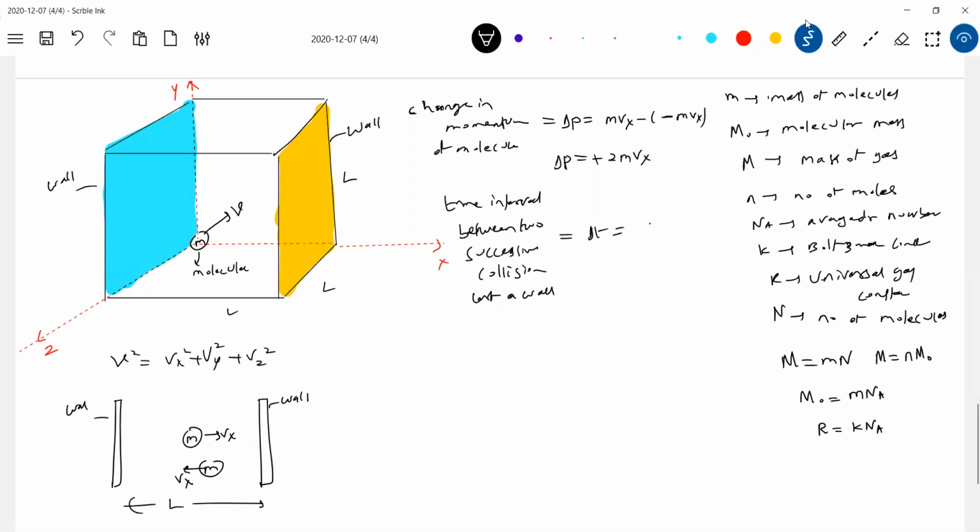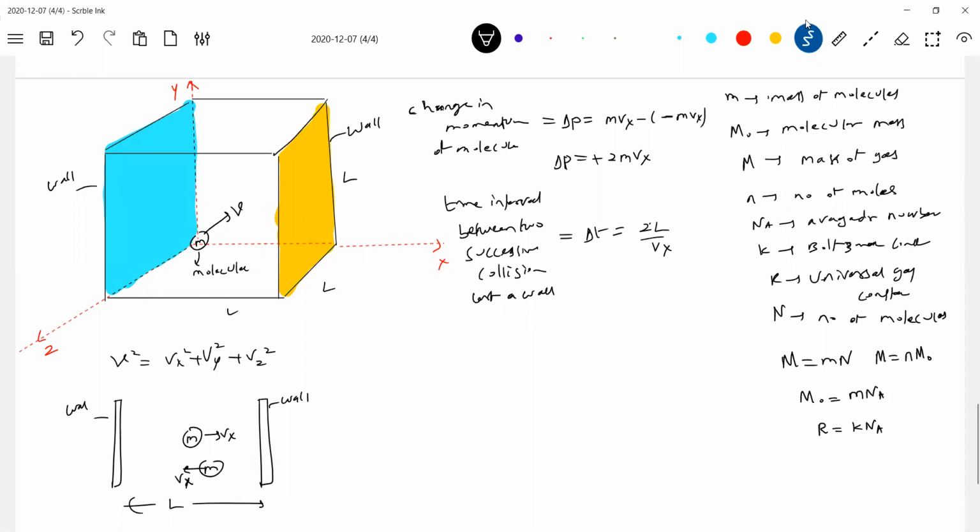I think it's very simple. The molecule will move with a speed Vx. It will collide here. Again, it will cover a distance L. So what is the total distance covered? L and L, with a speed Vx. Therefore, delta t is equal to 2L by Vx.